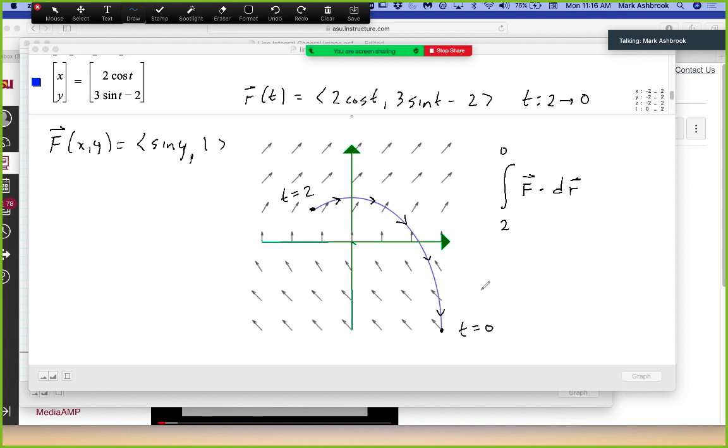So what's your prediction for the overall value? Positive, negative, or 0? I think negative. So it's positive, greater than 0, from here to here, really close to 0 through here, and then less than 0 for the rest.